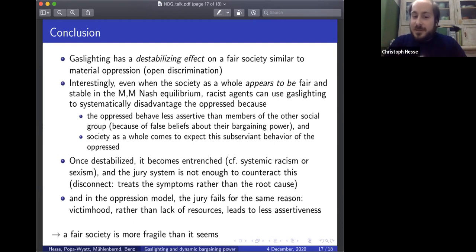And the gaslighting model is trying to get at these setups where you do have, objectively speaking, an equal distribution of bargaining power at the start, but then something happens psychologically that victimizes one social group, and they behave in a slightly different way that disadvantages them.